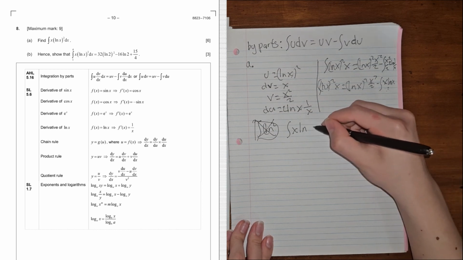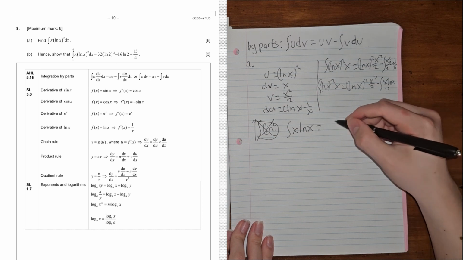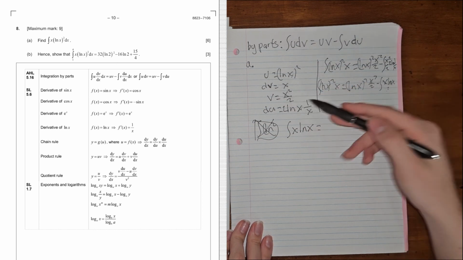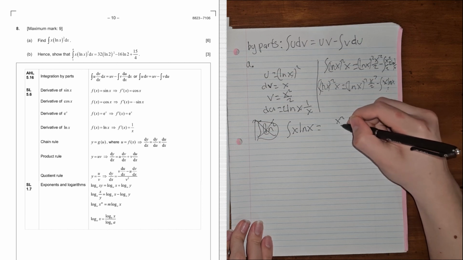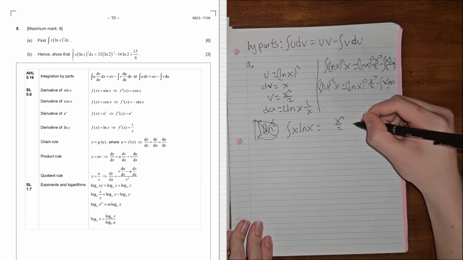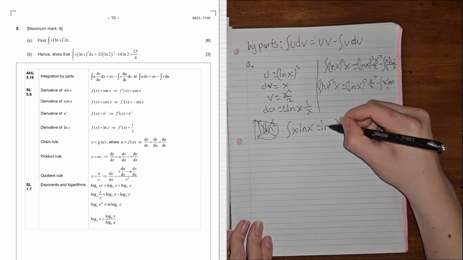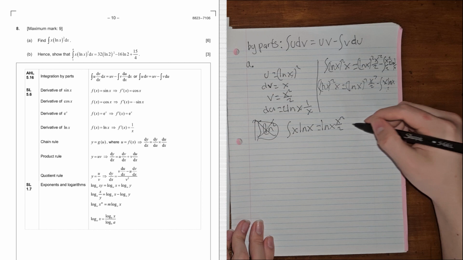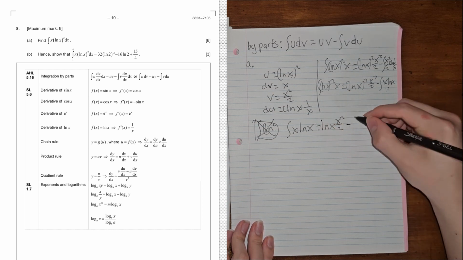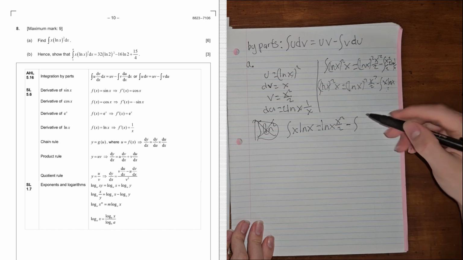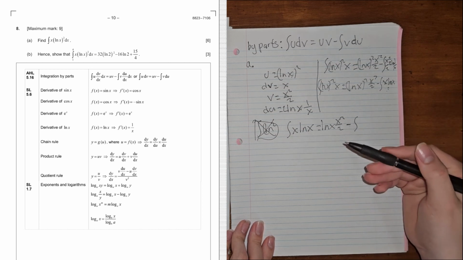The integral of x ln x is equal to, using v, x squared over 2 times ln x this time, no square term, minus the integral of x squared over 2 times the derivative of ln x. It's basic, it's in the data booklet.